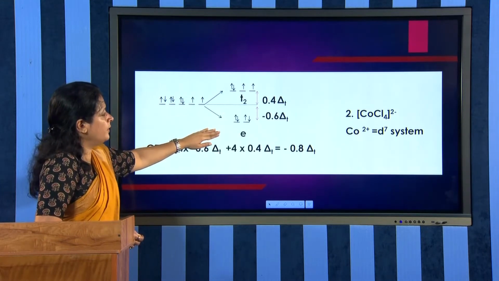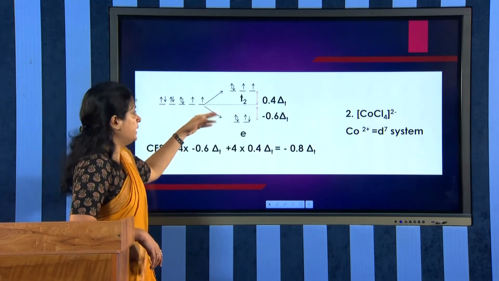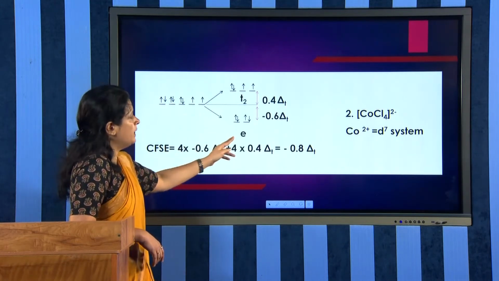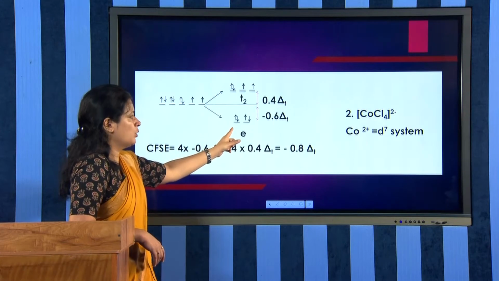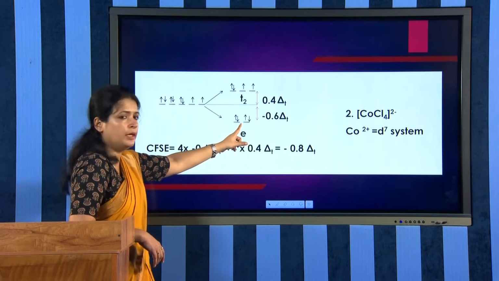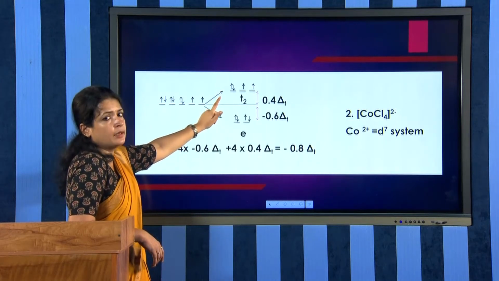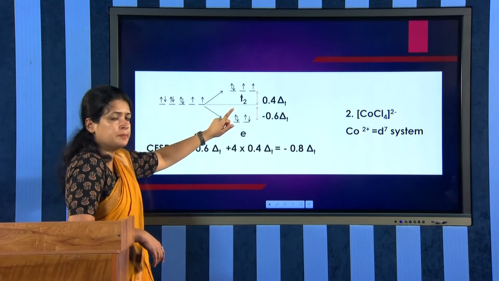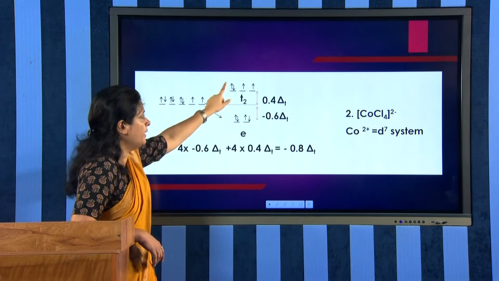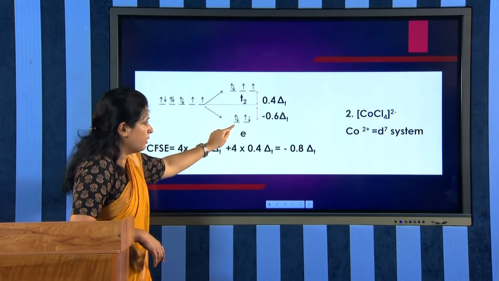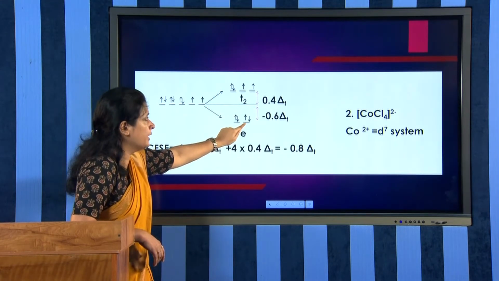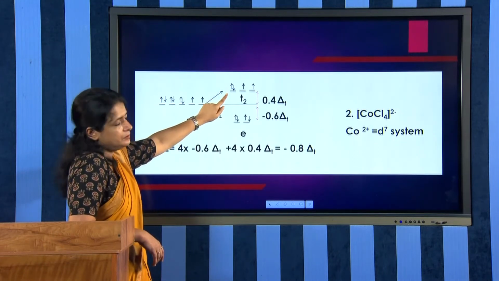While filling the 8 d electrons in the E and T2, the first electron will be in the E, the second will also be in the E, and the third will move to the T2, since these tetrahedral complexes are high spin complexes. So, 1, 2 and 3, 4, 5, 6th will go here, 7th will be here and 8th will be here. Okay.